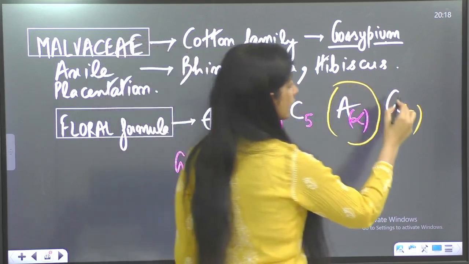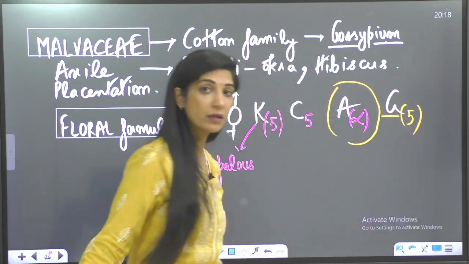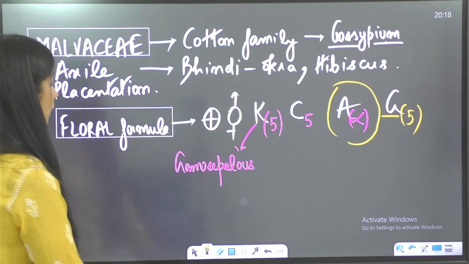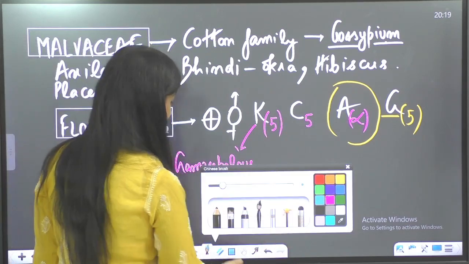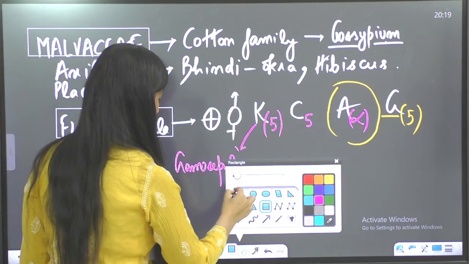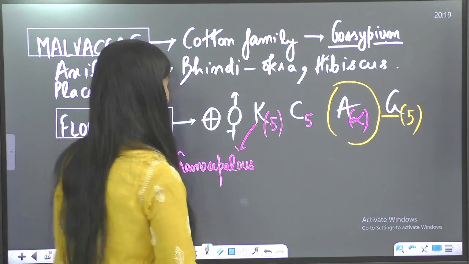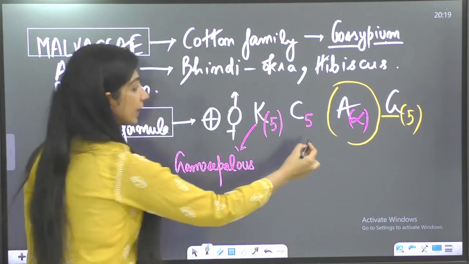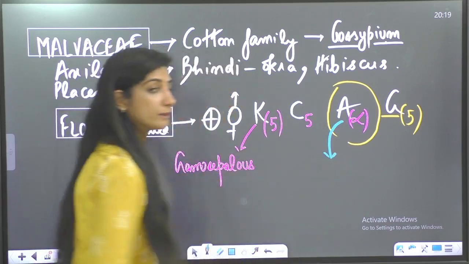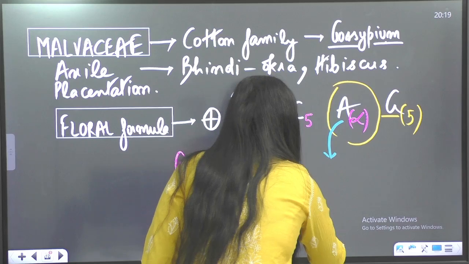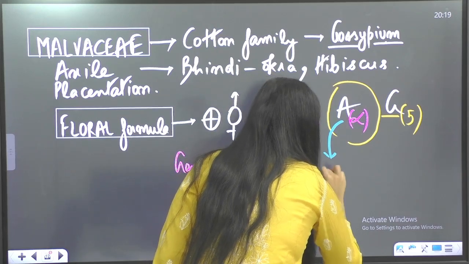Ovary will always be superior except in the composite family. Now, the questions that are going to make you a ranker: the stamens of Malvaceae family or cotton family are monothecous.